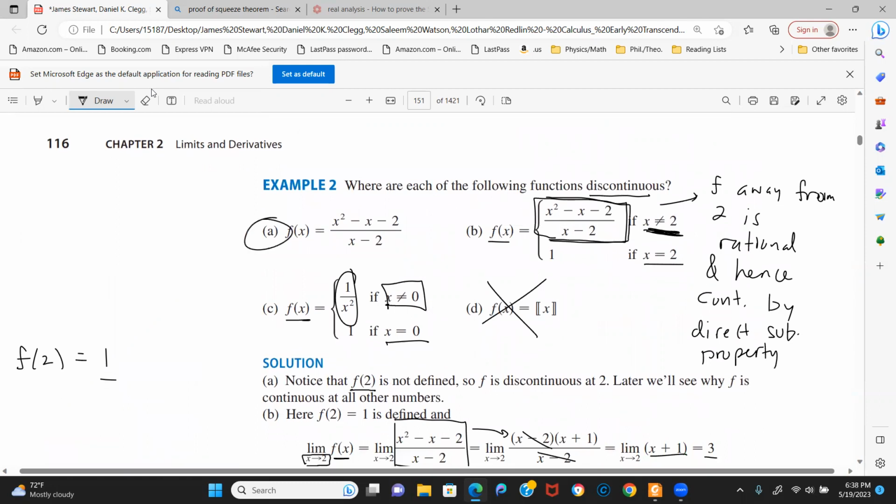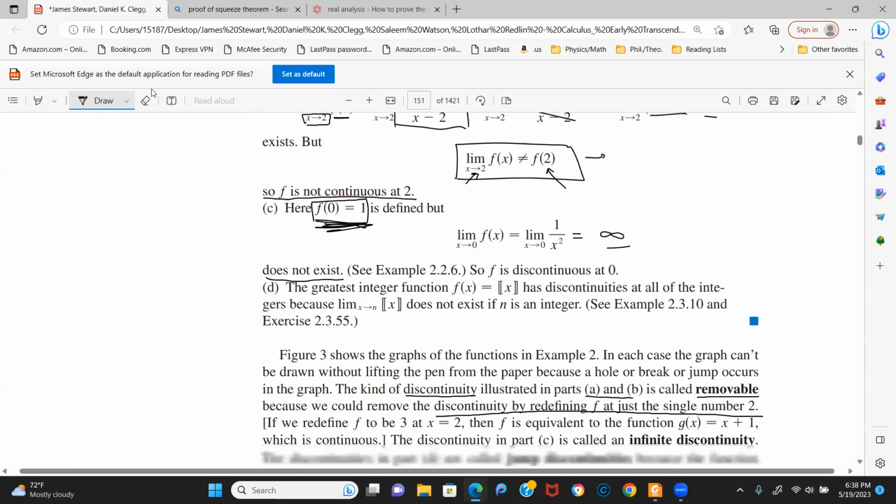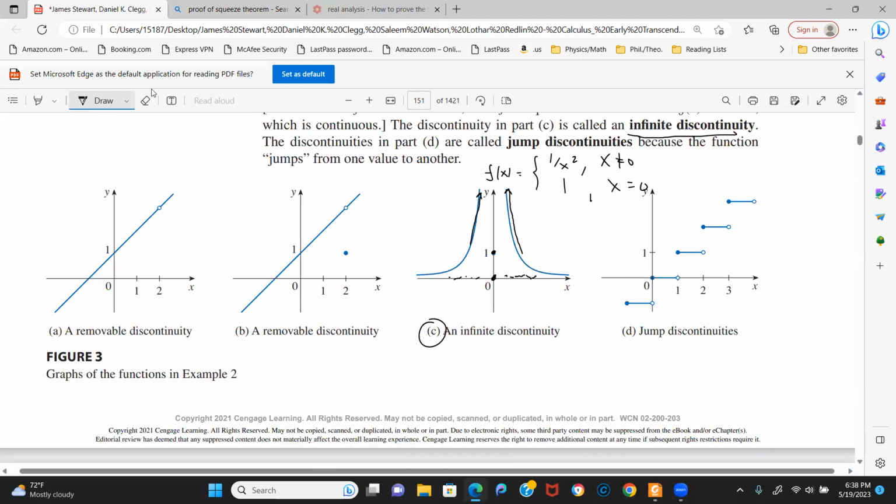A and B are basically the same function except at x equals 2. But you can just redefine the function at the single point x equals 2 in both cases. What point would that be?